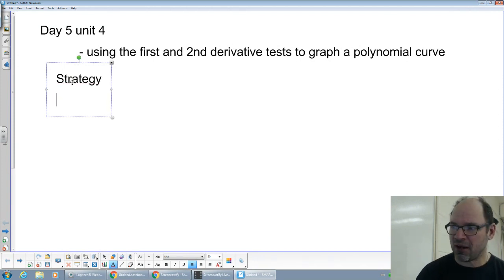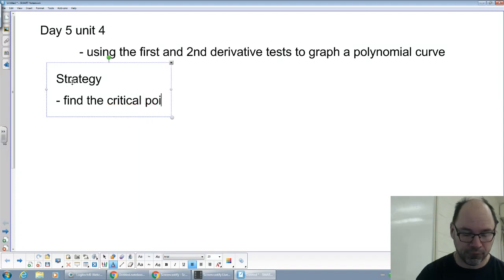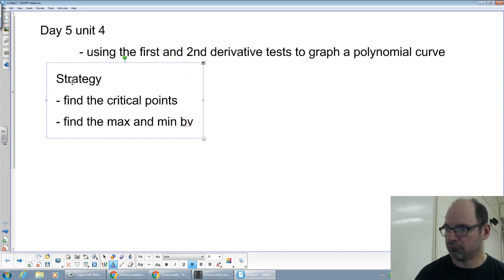Okay, so what we got to do is we got to find the critical numbers. Okay, find the critical points. Okay, find the max and min values. Okay, or if you want, you could say intervals of increase, decrease.